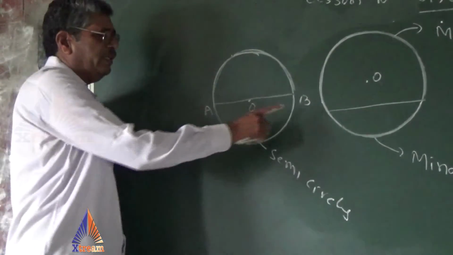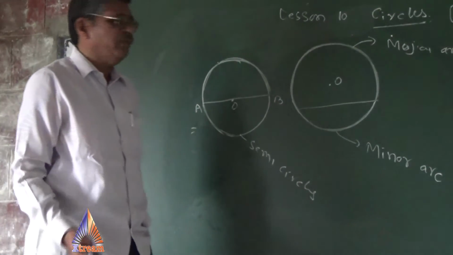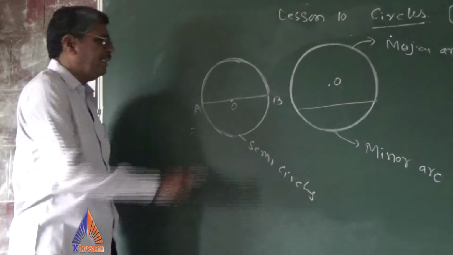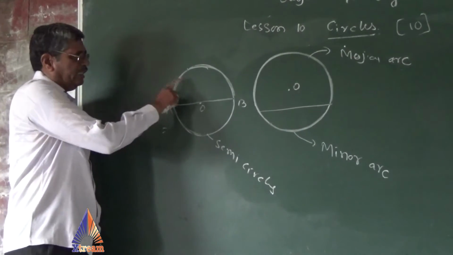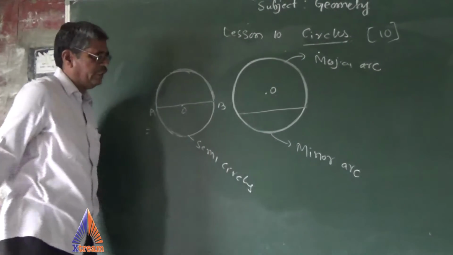So the first property: a chord can divide the circle into two unequal parts, one a major arc and another a minor arc. Then a chord like a diameter divides the circle into two parts, and these two are called semicircles.